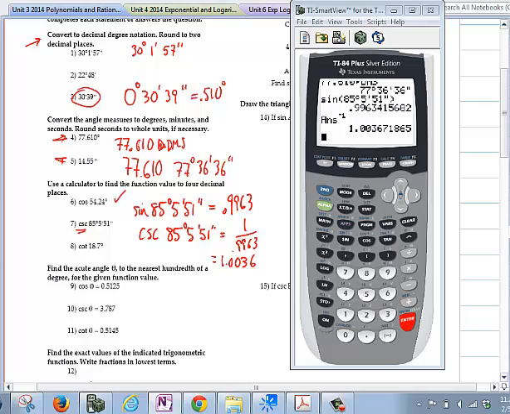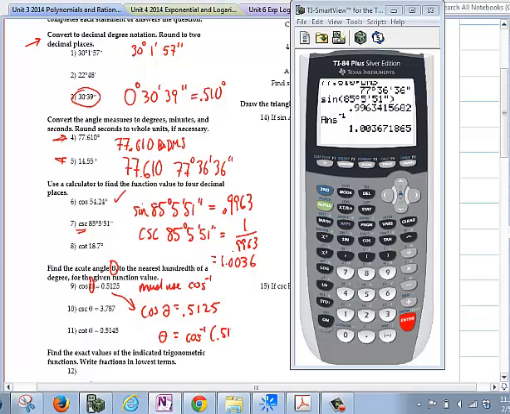On some problems, if they're looking for the angle, remember that you must use the inverse trig function for that. So here for cosine, if you're trying to find the angle theta, if cosine of theta is equal to 0.5125, then you have to use the inverse cosine on the other side to find that angle value.